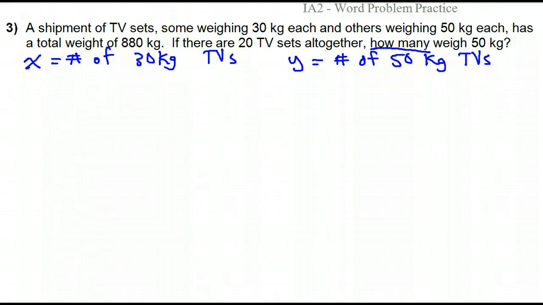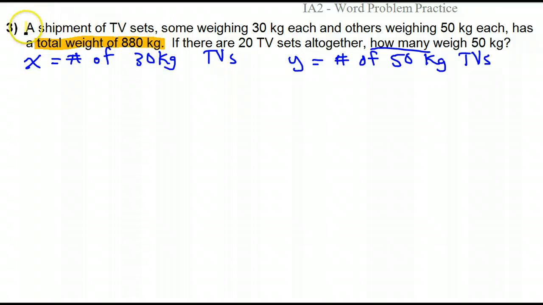Now, we need to see if we can get two equations out of this. Let's see, where are the equations? Okay. All right, a shipment of TVs. Okay, so I see one equation in this area right here. Total weight of 880 kilograms, all right?